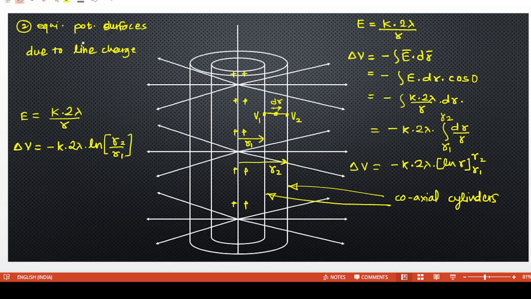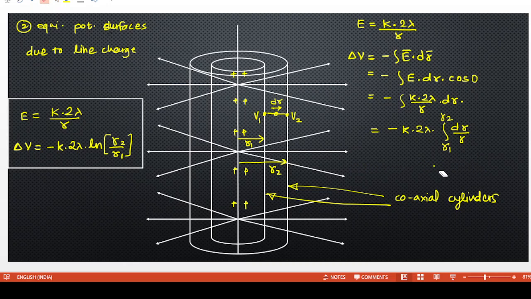So you just write down these two formulae for electric field and potential difference. Don't write the derivation. Forget about this derivation. You just write down the formula for potential difference and the electric field. Write down.